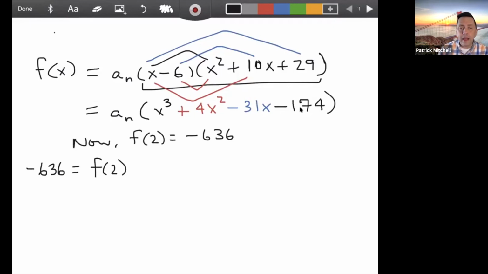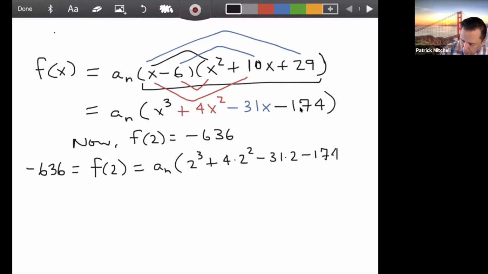But on the other hand, f of 2 is equal to what I get if I plug 2 into this polynomial. So that would be a sub n times 2 cubed plus 4 times 2 squared minus 31 times 2 minus 174. So now let's see if we can do that math.